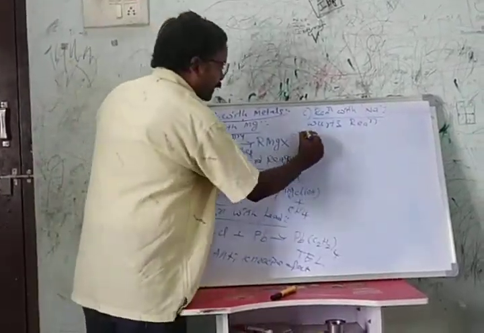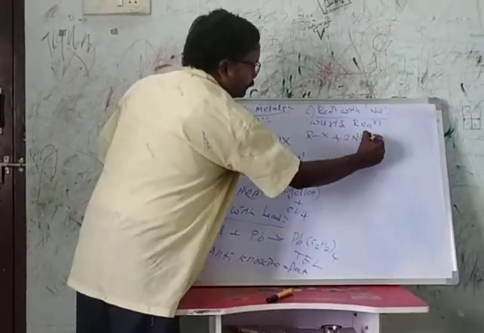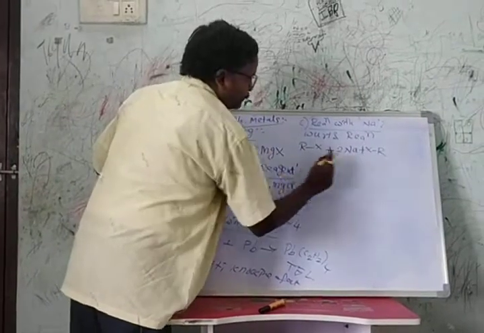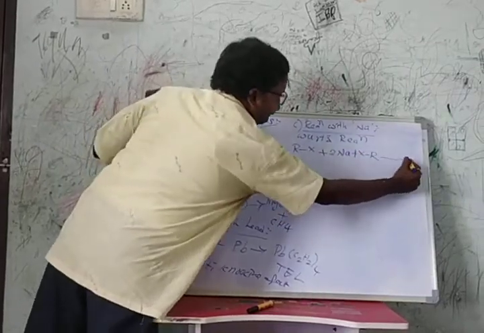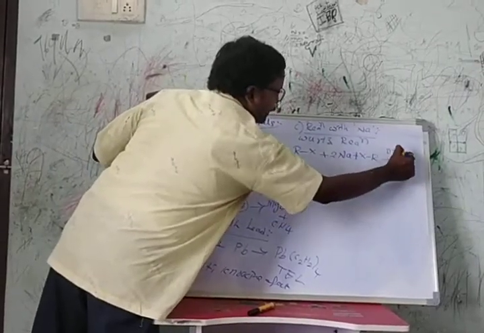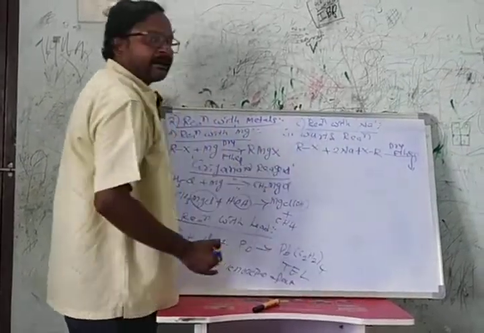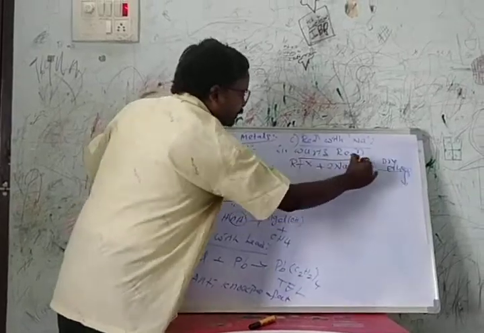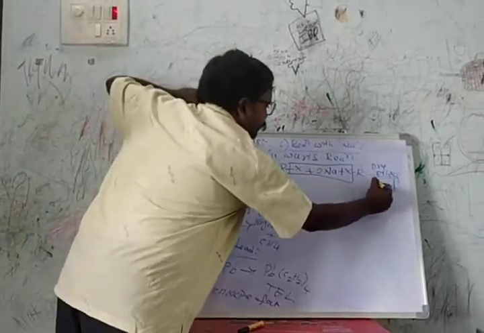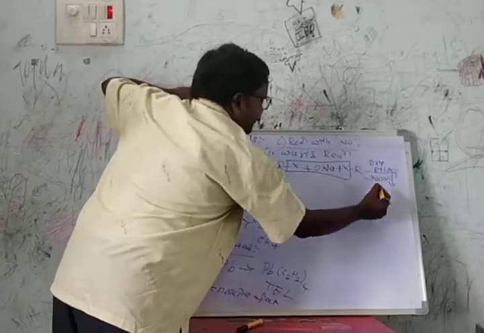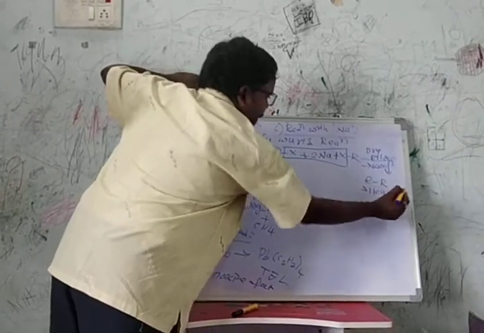When 2 moles of alkyl halide react with 2 moles of sodium in the presence of dry ether, what happens? It loses 2 moles of NaX and forms R-R, which we call an alkane.